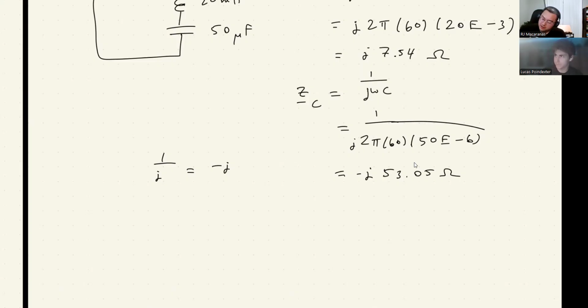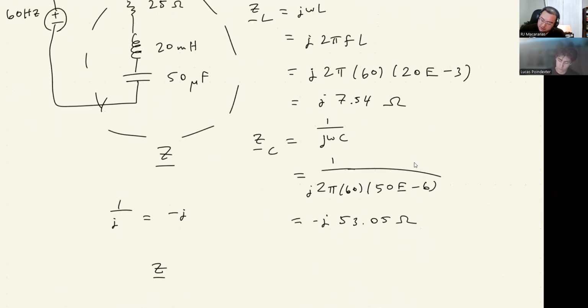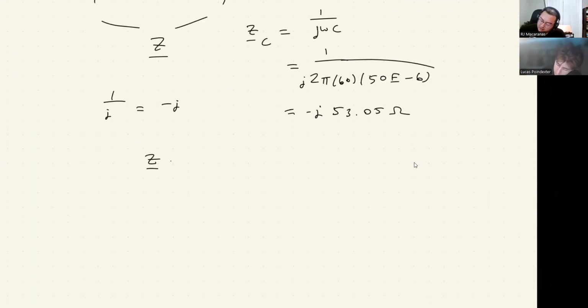Okay. So then if we go and figure out the equivalent impedance of this entire network, if I just call that Z, then that's just going to be the sum of Z sub R plus Z sub L plus Z sub C. And if I add up all those together, I'm left with 25 minus j 45.51 ohms.